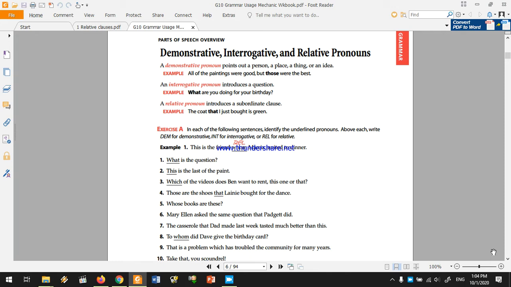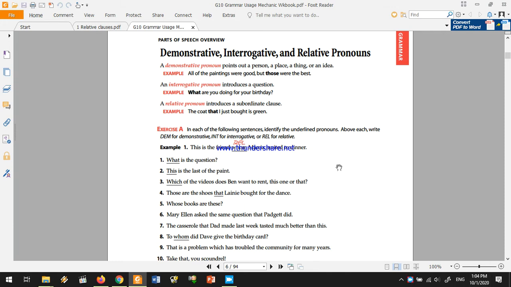And we discussed that this and that are used for singular items, ideas, or things, and these and those are used for plural ideas or places or things. Also, we talked about interrogative pronouns that are used to introduce a question such as what, which, whose, whom, and who.